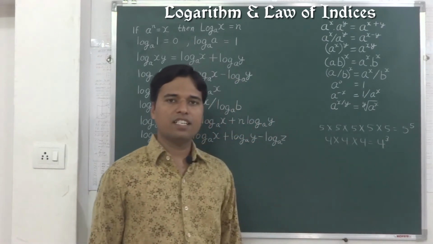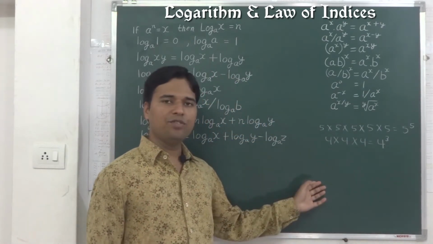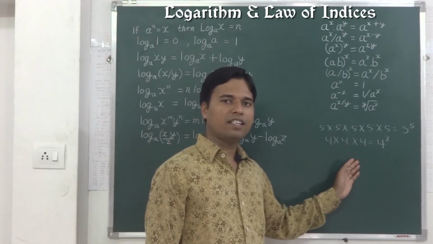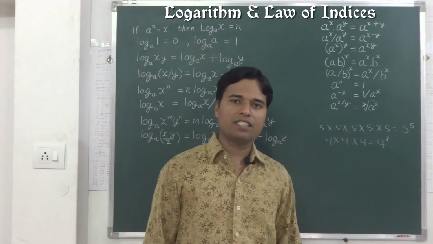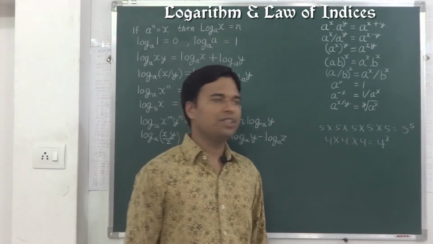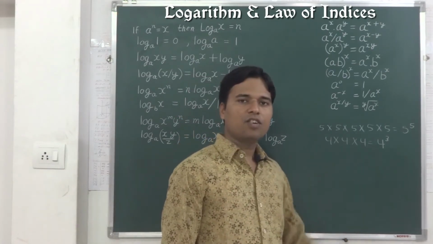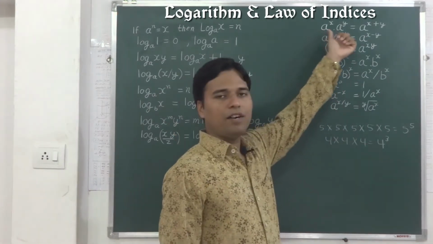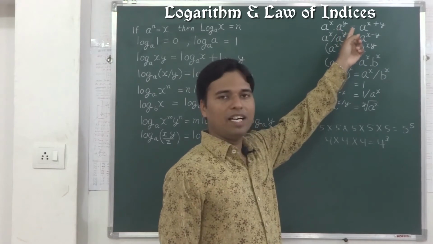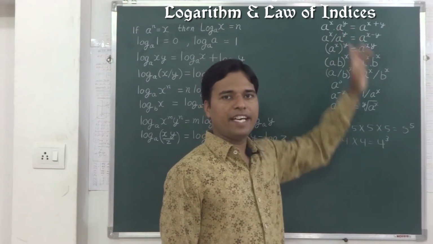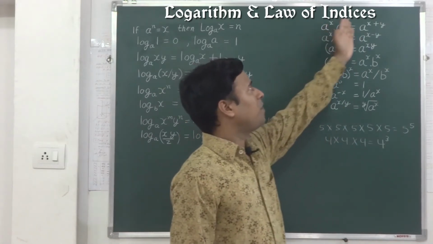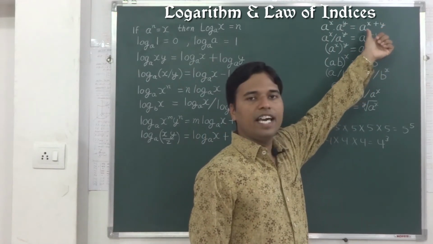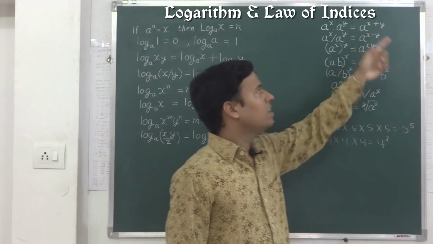In this notation, when we use this system of calculation, there are many formulas which can be easily proved with your common sense. Here are these formulas. A power x is multiplied with a power y. The both powers will be added in the last term with having the same base.